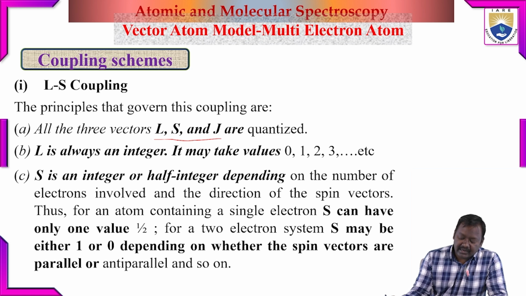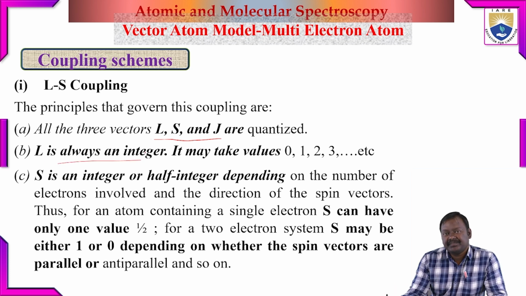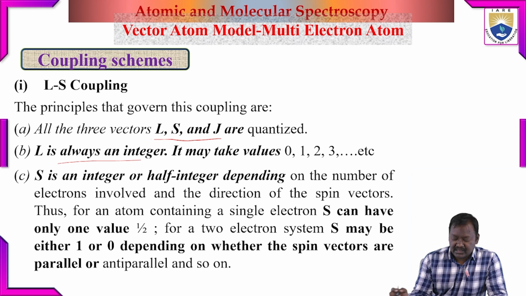These values L, S and J are quantized values. And L is always an integer. Whatever the number of electrons present in the atom, L is always an integer. It may take values 0, including 0, 1, 2, 3, etc. Any integer.